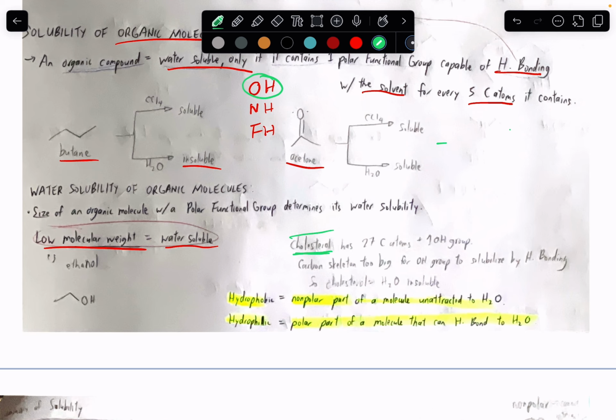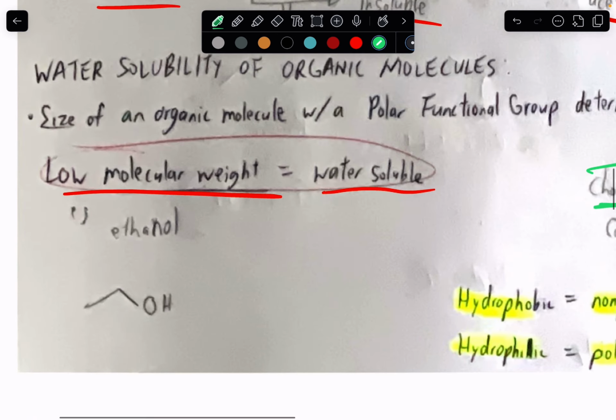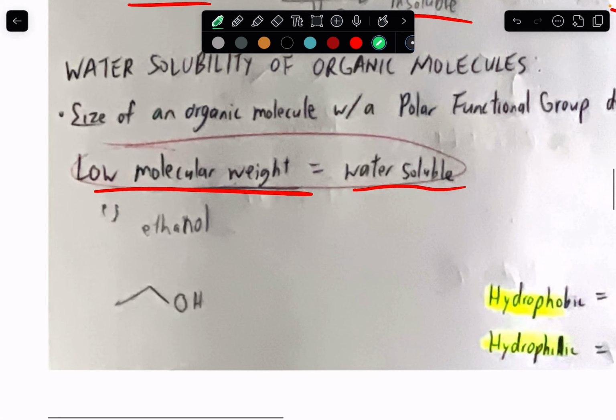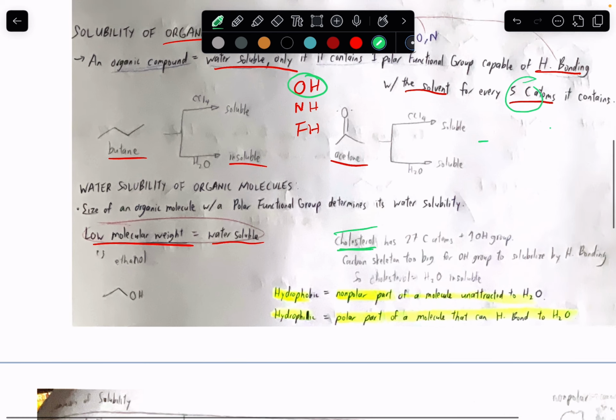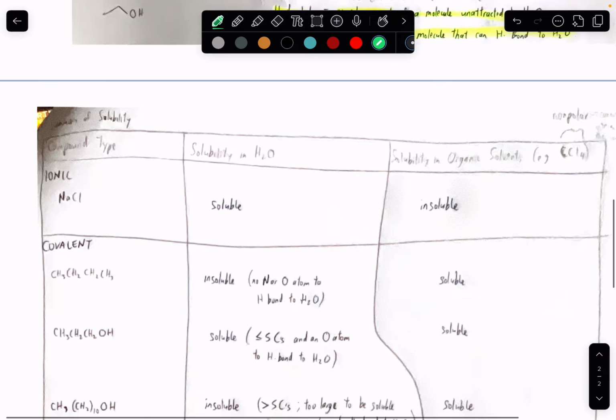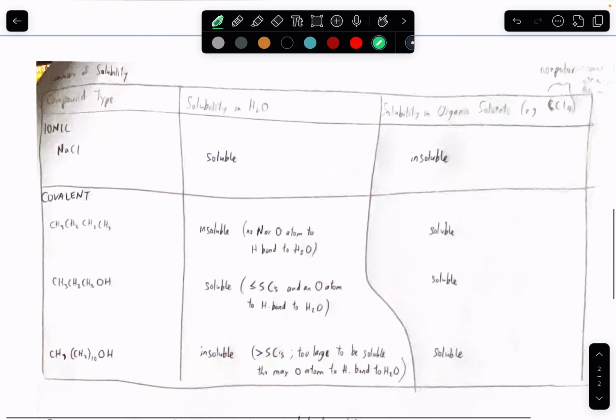So, basically, cholesterol is capable of hydrogen bonding, but because it has too many carbon atoms for having just one OH group, hindi siya water soluble. So, yun lang. Dito naman sa ethanol, clearly, may OH tayo. We only have 2 carbons. It's within the 5 carbon atom limit. So, it is water soluble. Ganun lang naman.